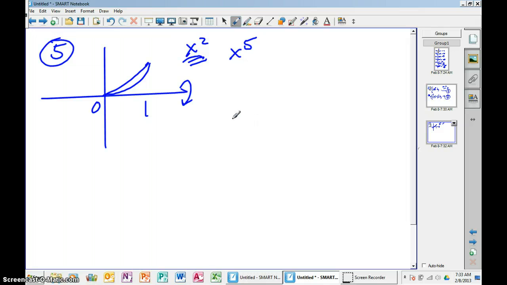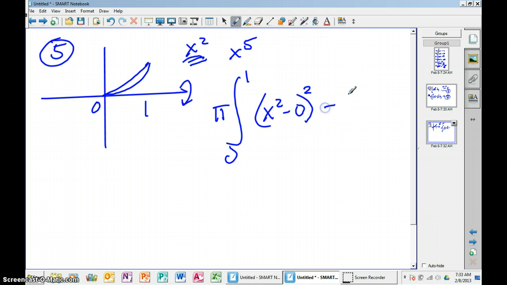So it's going to be the top graph, from 0 to 1, which is x squared, minus the line we're going over, and then minus the bottom one, which is x to the 5th, minus the line we're going over, dx. The zeros don't even need to be there, so it would be x squared, squared, minus x to the 5th, squared, and you would take the integral.